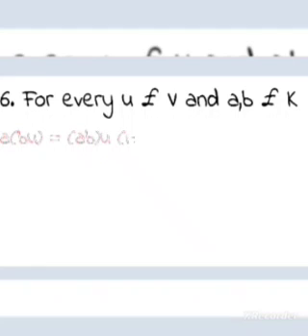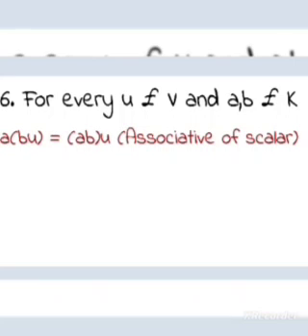In this scalar multiplication, the very first property we are seeing here is a, which is a scalar, multiplied by b, which is a scalar, with u, that is a(bu) is equal to (ab)u. Now this is associative, but this time around it's associative with scalars. So this is the associative property of scalar multiplication, where two scalars are multiplied with a vector.